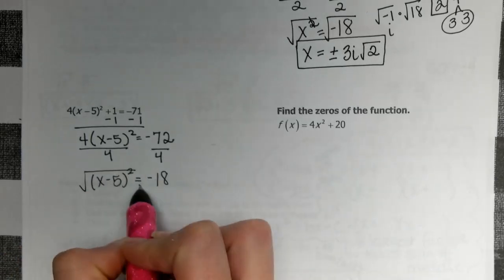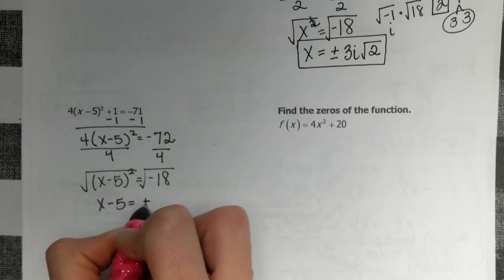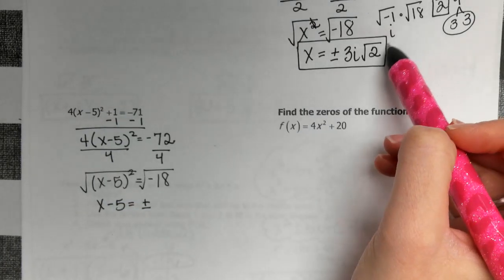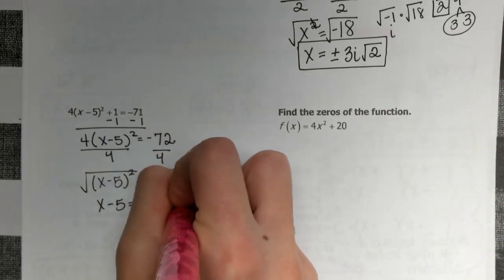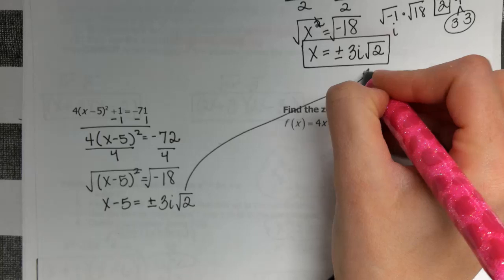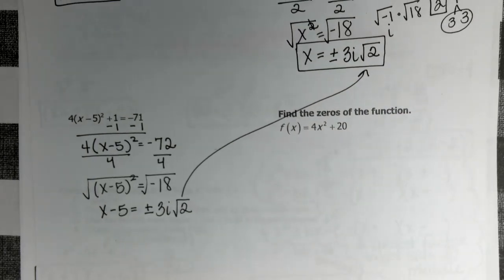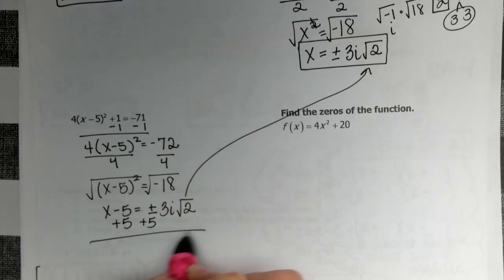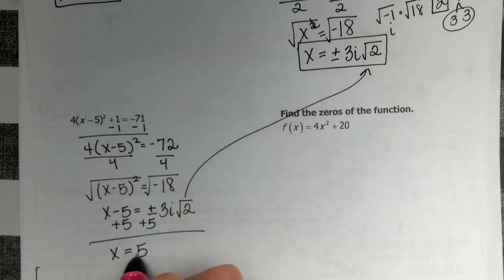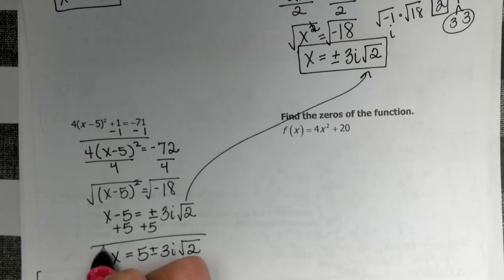Take the square root. X minus 5 equals plus and minus. I just did the square root of negative 18. It gives me 3i square root of 2. I just copied it from this. All I need to do now is add my 5, and my final answer is x equals 5 plus or minus 3i square root of 2.